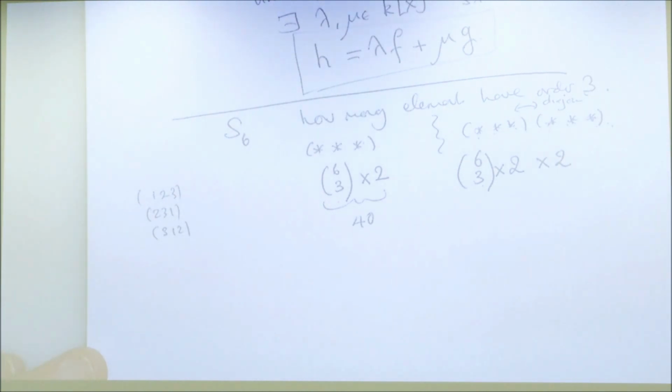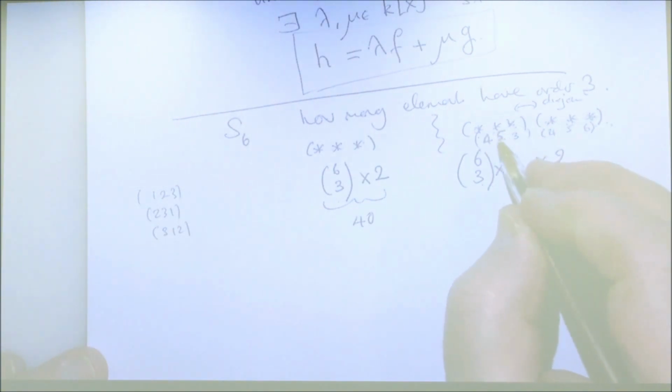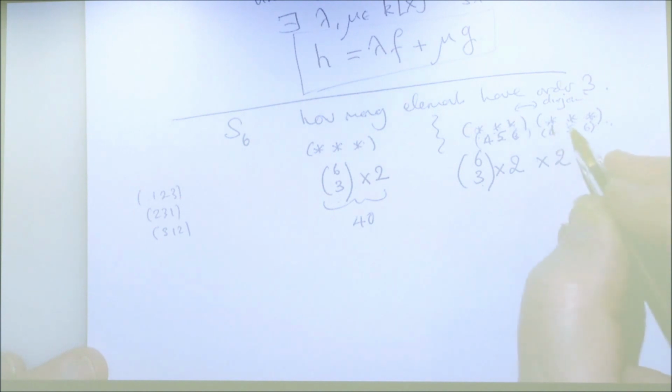But now I have to be very careful, because I've counted every possible permutation twice. For example, the permutation 1 goes to 2, goes to 3, goes to 1 in one cycle, and 4 goes to 5, goes to 6, is the same permutation as 4 goes to 5, goes to 6, followed by 1 goes to 2, goes to 3.